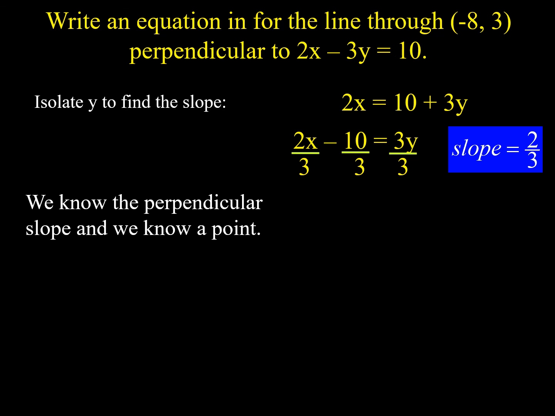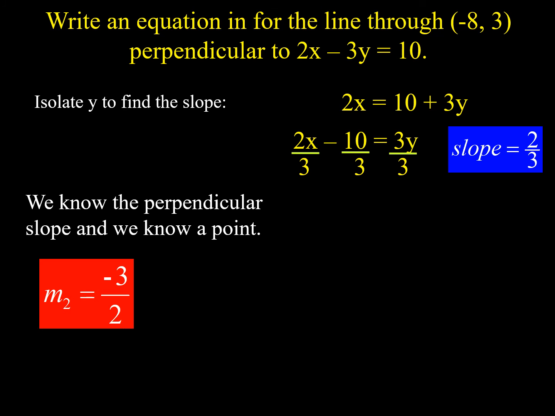We know the perpendicular slope and we know a point. So we get the negative reciprocal of this one, which is equal to negative 3 over 2. And then the given point, (-8, 3): x is equal to negative 8, y is equal to 3, and m is equal to negative 3 over 2.